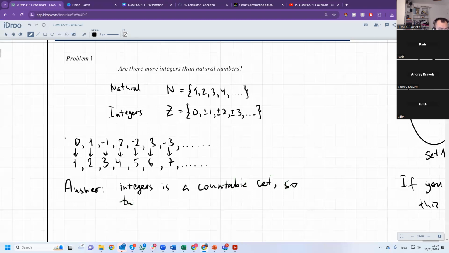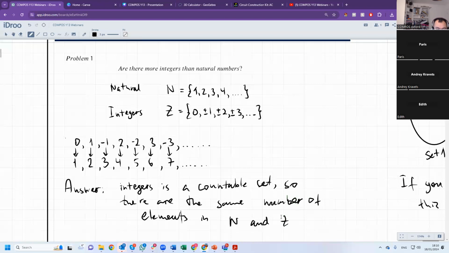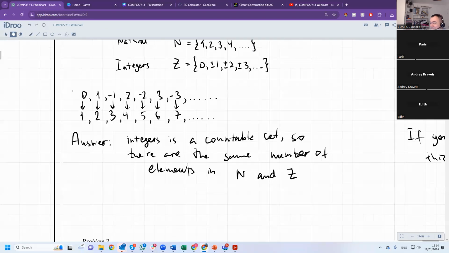So there are the same number of elements in N and Z. It's weird, but there is a mapping.